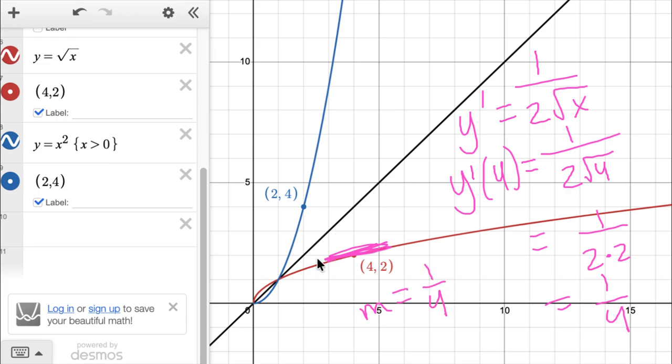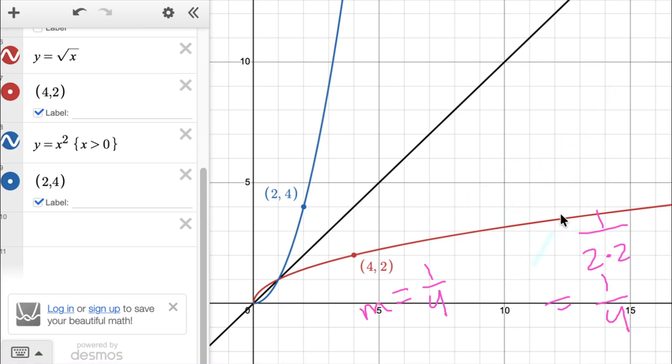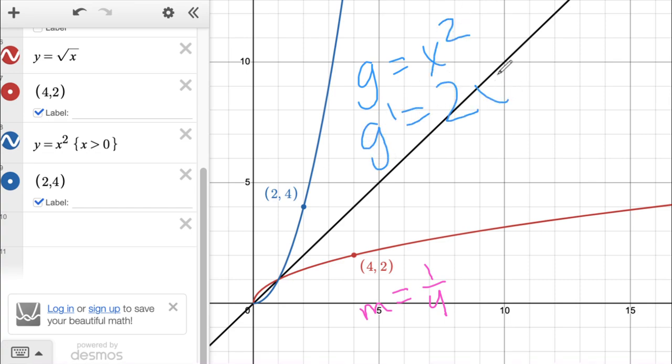Okay, now let's go ahead and find the slope at our reciprocal point. So now let's go ahead and take the derivative. So the derivative of x squared, let's just call this g again. So g equals x squared. So g prime is equal to 2x. So again, we have to remember that now our input and output have flipped.